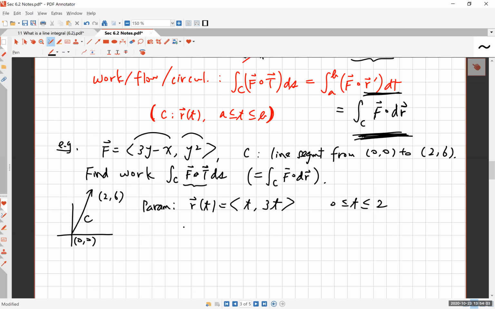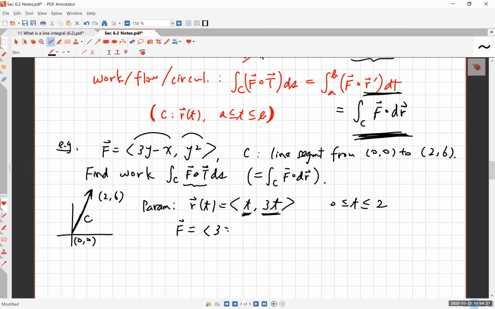Because I am parameterizing all the points on this line segment from (0, 0) to (2, 6) as (t, 3t), the x coordinate is t, the y coordinate is 3t.